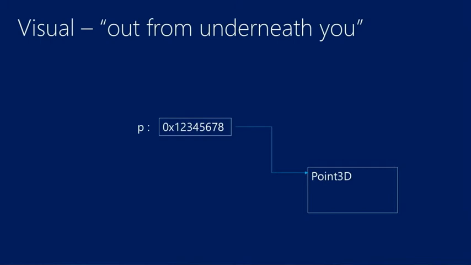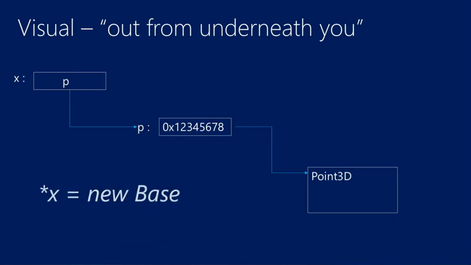So here's the visual in slow motion. So P points to that pointer, a Point3D type. Then what we did is we took the address of P and we stuck it in X. Then we said what X points to equals new Base.